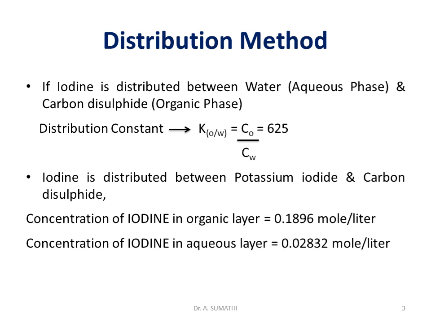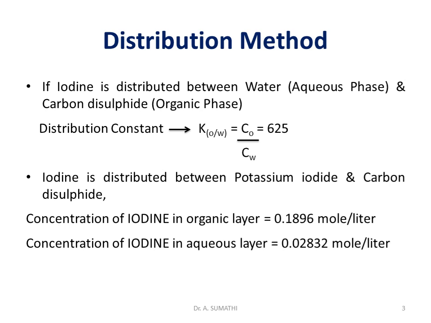The same way we can define another example. Iodine is distributed between potassium iodide solution and carbon disulfide. After this distribution, we can calculate how much concentration of iodine is present in each layer. Imagine a partition funnel or a separating funnel. In that we are taking two layers, an aqueous layer and an organic layer. Then we add iodine.